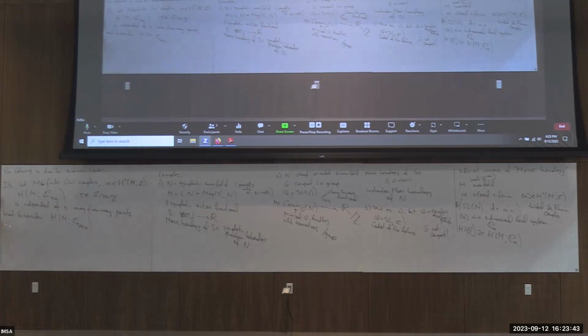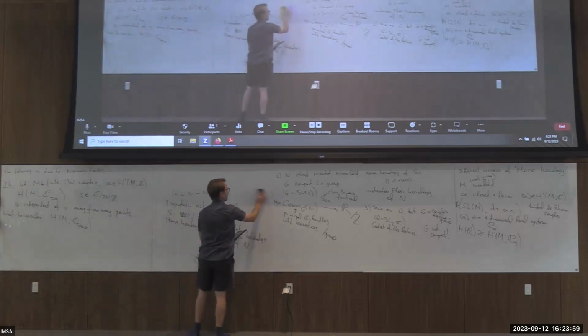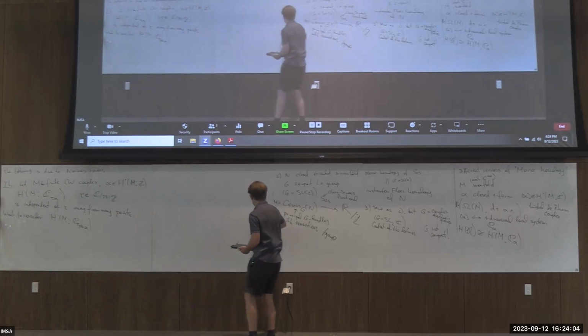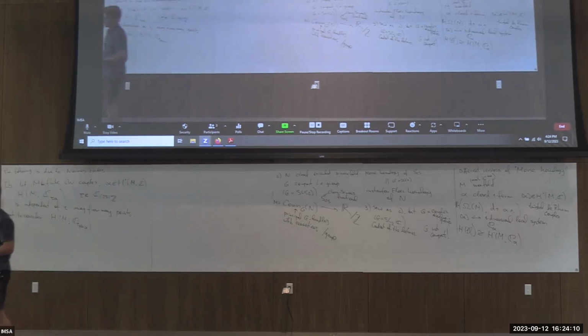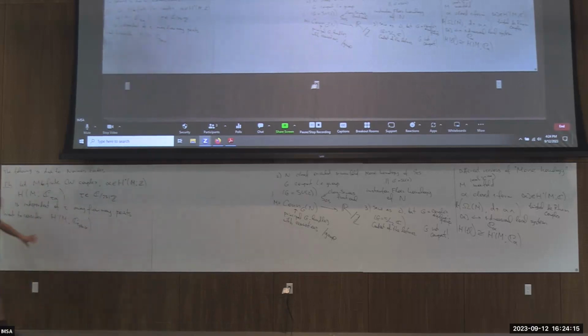If you're familiar with Morse homology, it's like there are no interesting gradient flow lines in certain cases. That's one thing you can do. So I would consider this kind of homology for generic tau.